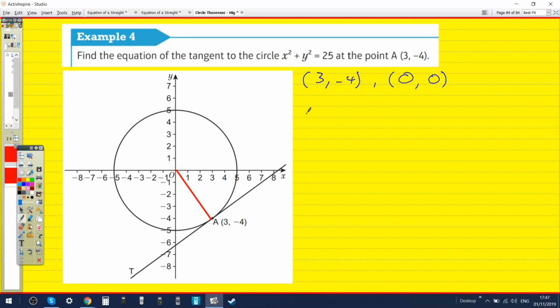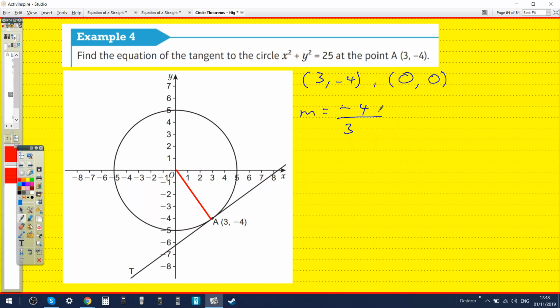So find the equation of the red line. 3 minus 0 is still minus 4. Sorry, I mean, 3 and minus 4. Oh, what am I doing? Okay. X is 3, and it's the denominator, and Y is minus 4. Minus 4 divided by 3 gives us.